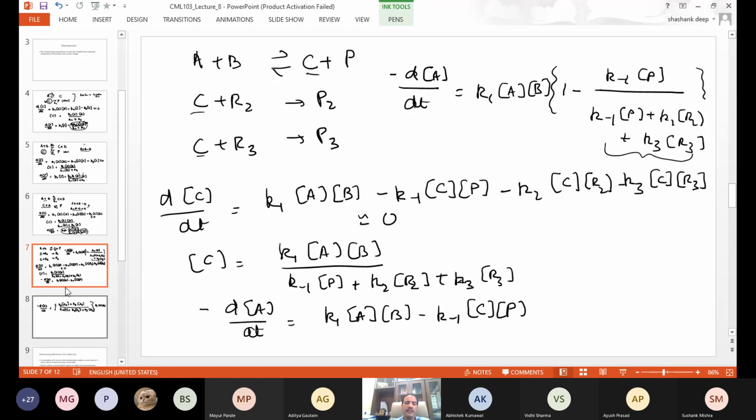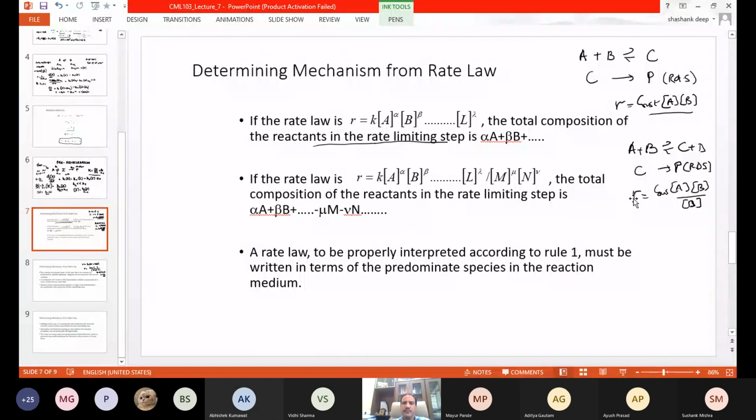Okay, so now let's go back and see how many of them we are able to look at. I will go back again to the rules which we discussed. Okay, so these were the rules, am I right?